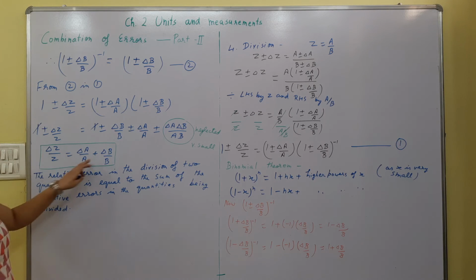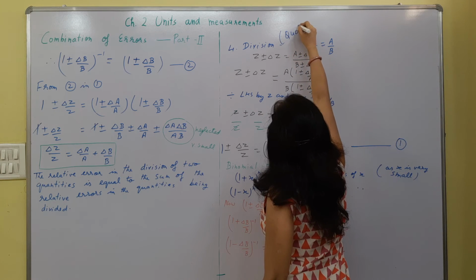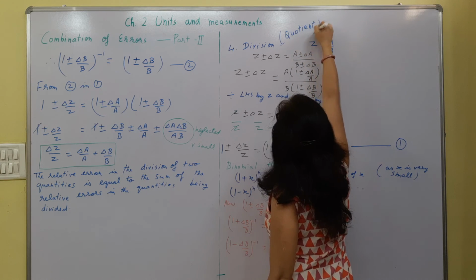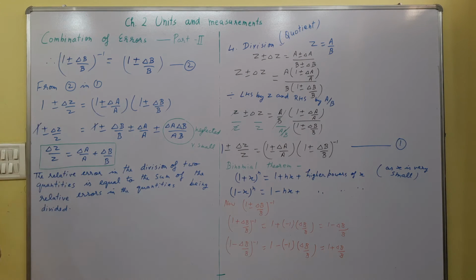So in both the cases, multiplication and division, the division case can also be called the quotient case as mentioned in some of the books. So in both the cases the relative errors will be added.